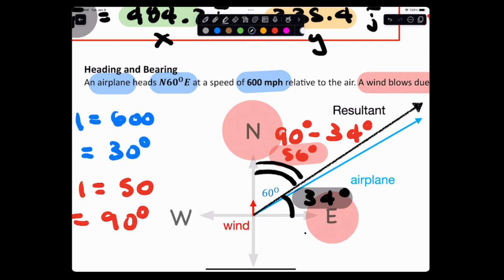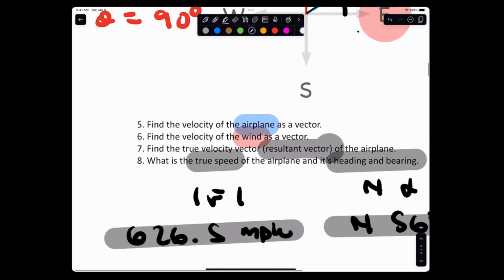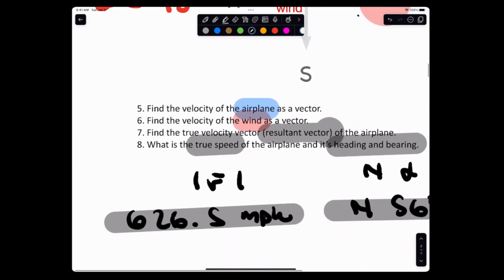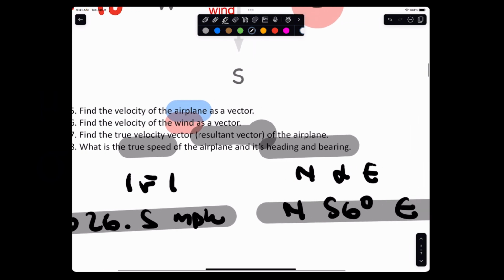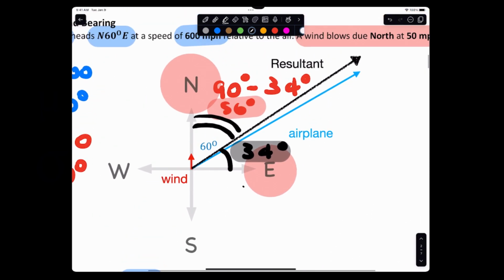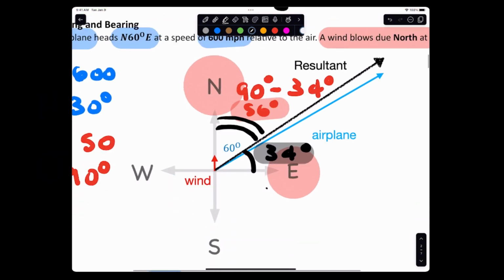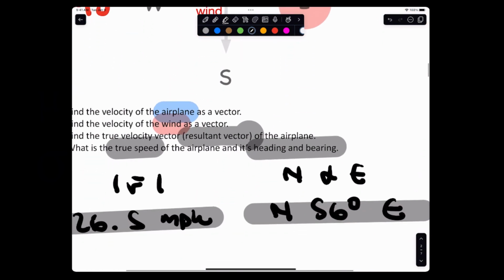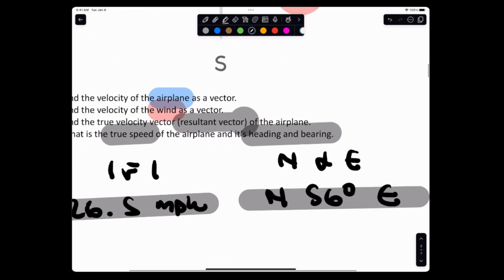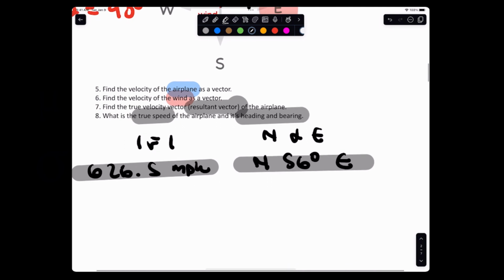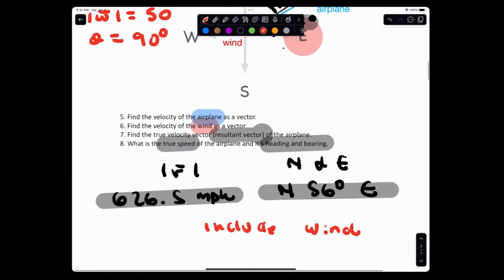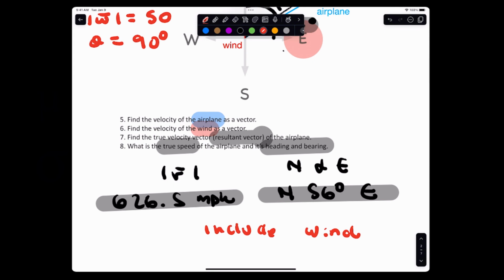It went from 600 to what? 626.5, faster, but it changed the direction. It's no longer north 60 east. It's really north 56 east. This is when you include the wind. And that's why you care about these vectors and learning all the details that we talked about, so you can work with that.